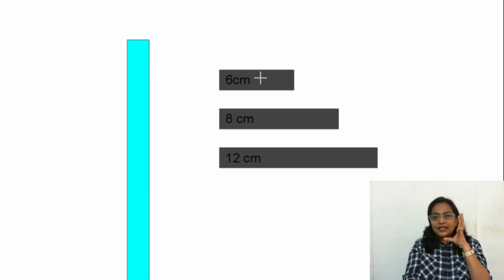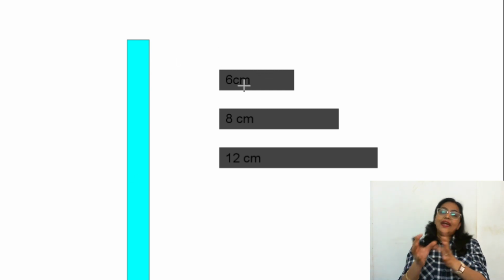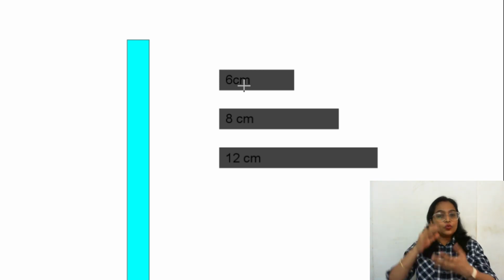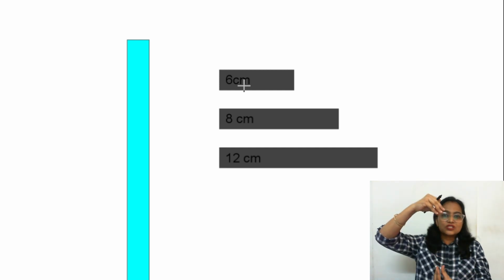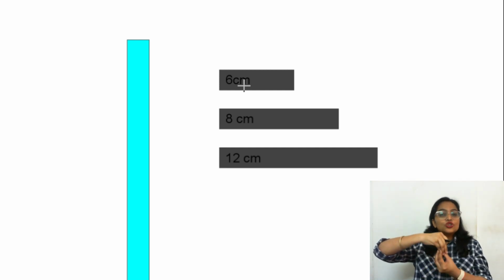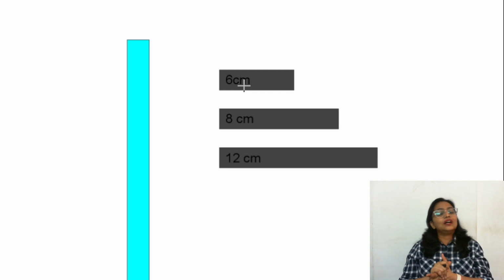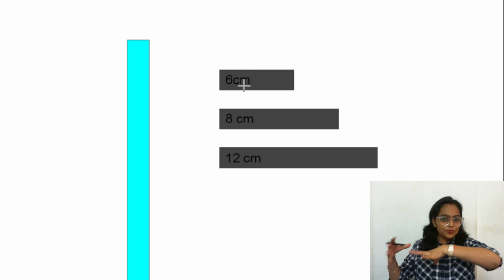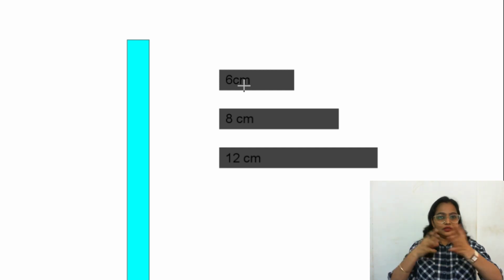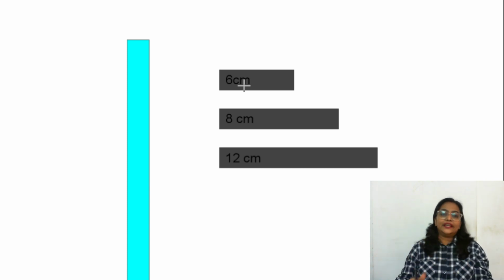It should not be that the scale is used only half, no, every time they want their scale to be used completely. Okay? Now you have to find out the smallest possible length of the ribbon so that all can measure the ribbon with their respective scales, and their scale will be used completely.